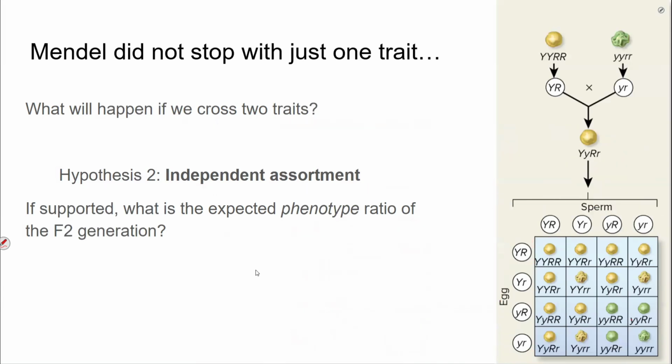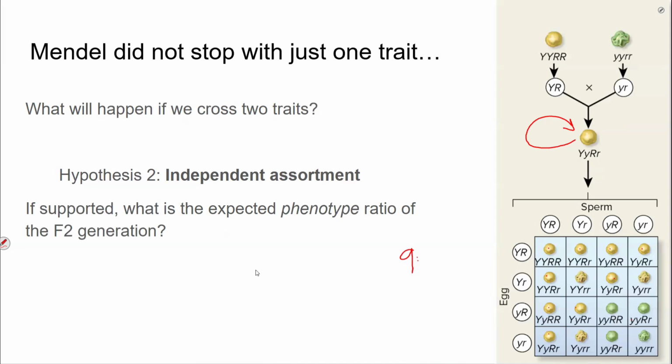So if we now take a look at this cross where we have this F1 generation doing self-fertilization, Gregor Mendel actually found yellow round seeds 9 times.